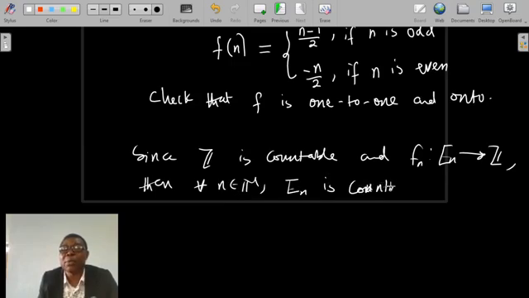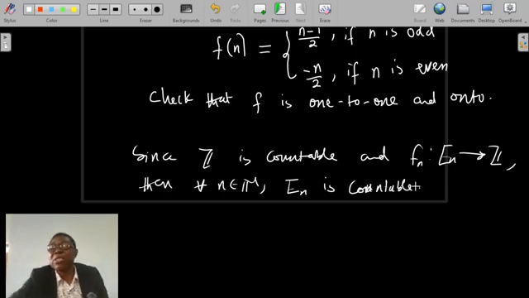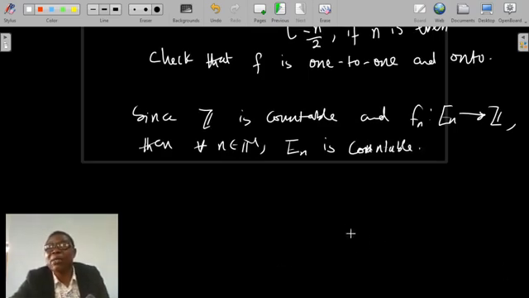So we've gotten a countable collection of countable sets.